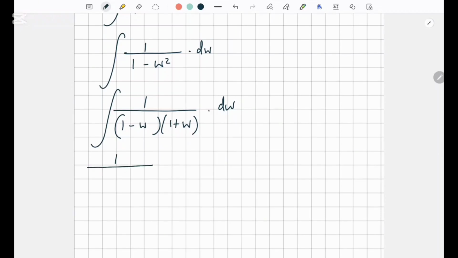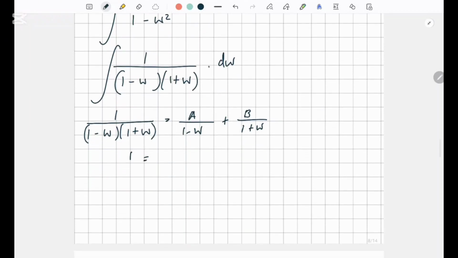So 1 over (1 minus w)(1 plus w), you could write it as a over 1 minus w plus b over 1 plus w. Now you multiply every single term with (1 minus w)(1 plus w), so you have a into (1 plus w) plus b into (1 minus w).